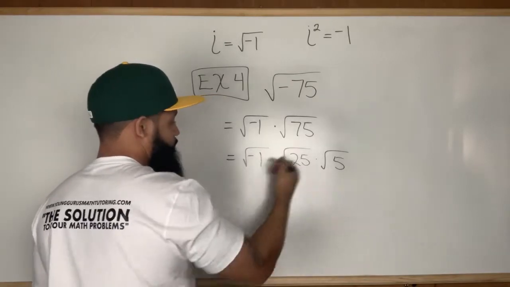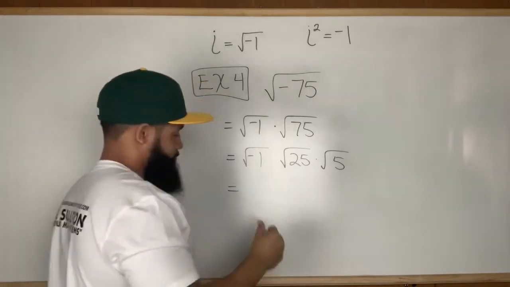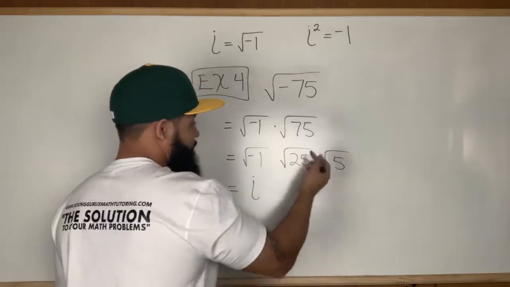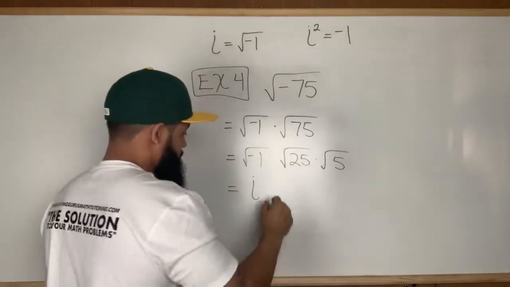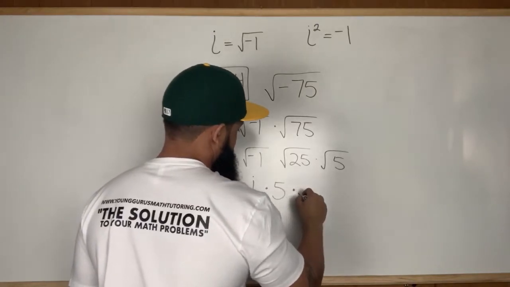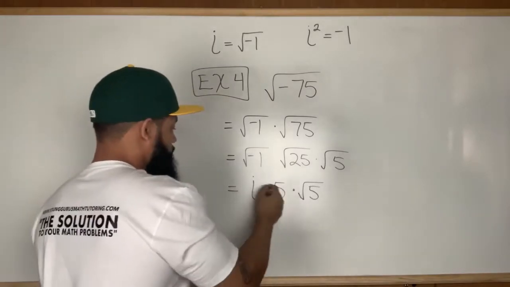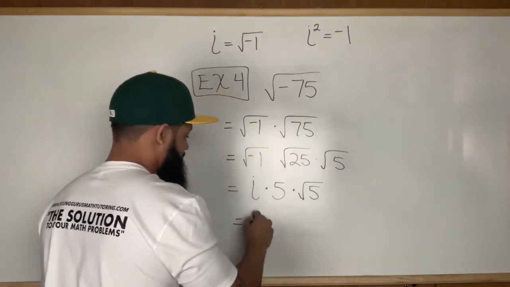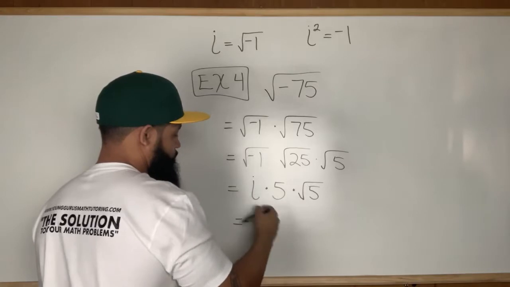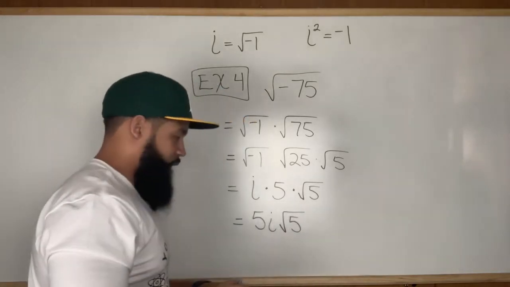Okay, so I have three terms, but now square root of -1 is equal to I. So I have I. Square root of 25 is 5. And then square root of 5 is just the square root of 5. Okay, so I want to put these together, and I want to say 5i, remember, have to put the number first, coefficient, times the square root of 5.